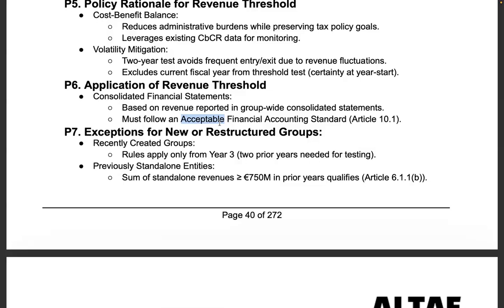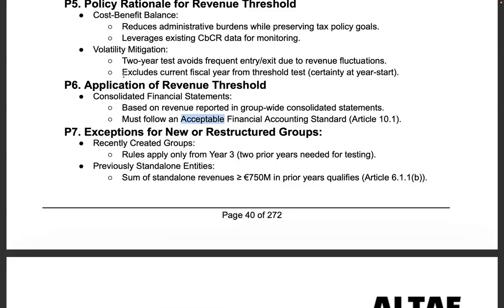That is why the concept of acceptable financial accounting standard was brought in. We're going to look at the precise definition of that, but this has been addressed in Article 10.1 of Chapter 10. Just to let you know, it includes IFRS, and it includes any authorized financial reporting standards that a jurisdiction has approved.